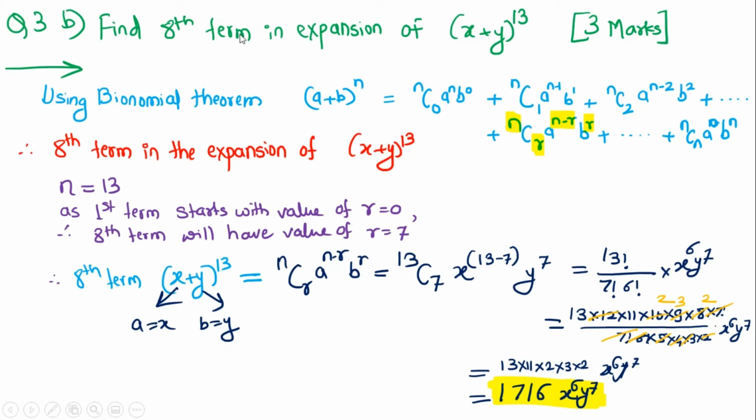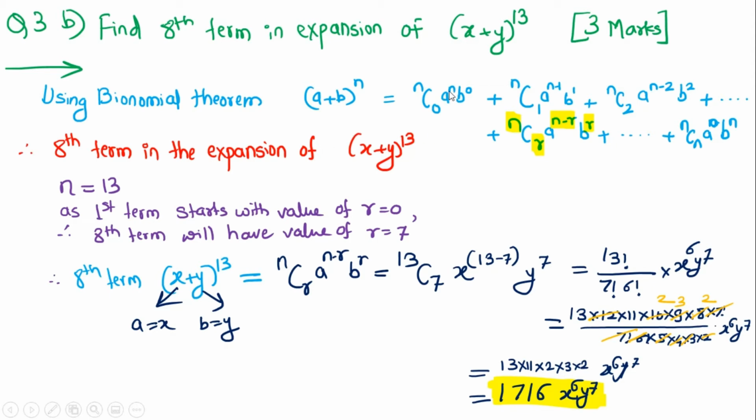Now in this question we have to find the 8th term in the expansion of x plus y to the power 13. So here 13 is my value of n, a is my x, b is my y, and we have to find the 8th term.